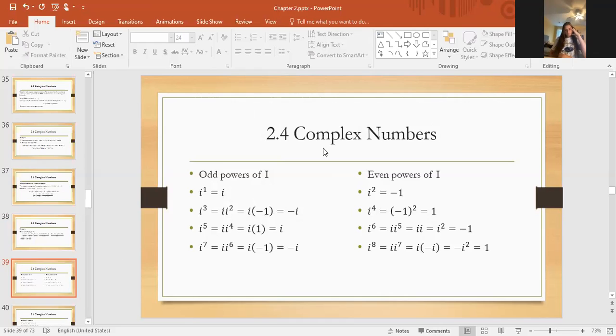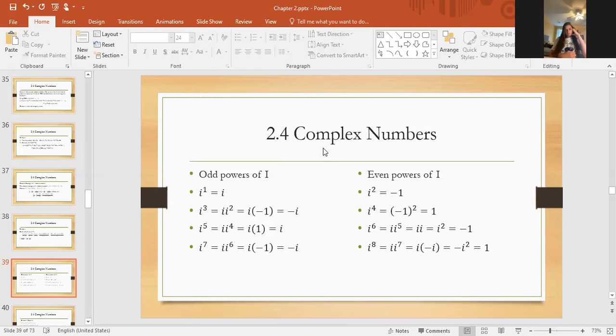So i cubed is minus i, i^5 is i, i^7 is minus i, i^9 is i, i^11 is minus i, and this is how it is going to be changing. For the even powers, i squared is negative 1, i^4 is 1, i^6 is negative 1, i^8 is 1, i^10 is negative 1, and so on. You can now observe here that i^2 is i to the 2 times 1, i^4 is i to the 2 times 2.